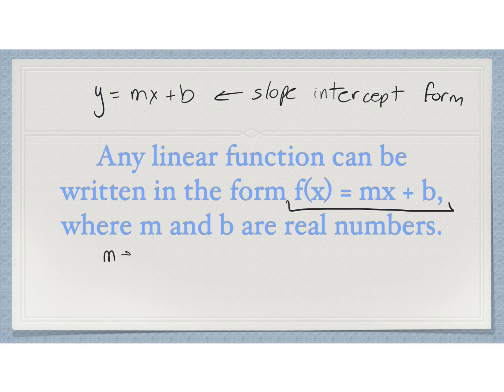Remember, the m is the slope, and the b is the y-intercept. In both equations, whether it's in the function notation or in the y equals mx plus b, it's the same formula. Again, the m has to be a number, and the b has to be a number.